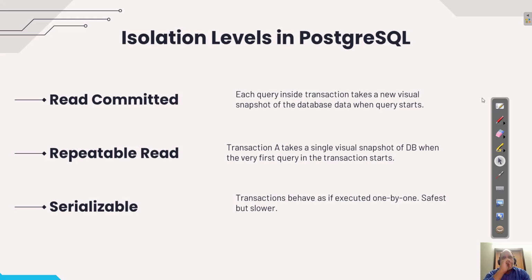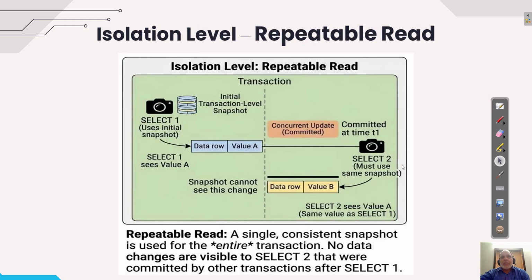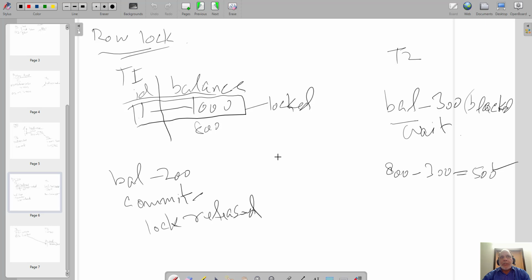Repeatable read takes a single visual snapshot of the database when the very first query of the transaction starts. Let me explain it again.